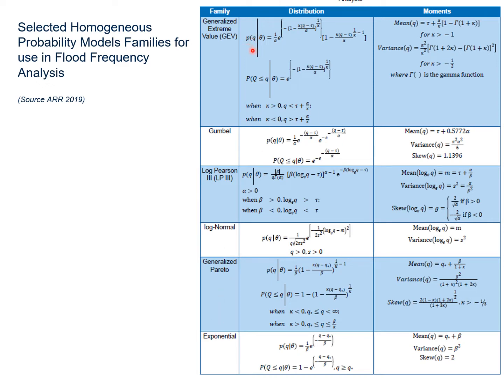And you can see the probability density function and the cumulative probability function. So both are defined here, and also what the moments are for different distribution families. We'll talk about the moments, but you can see mean, variance, skewness. These are the moments.